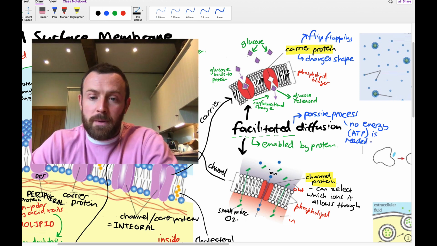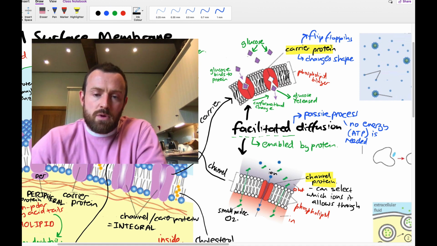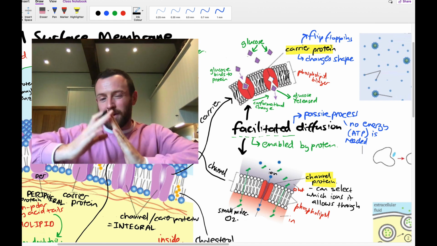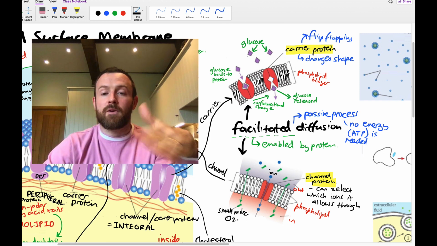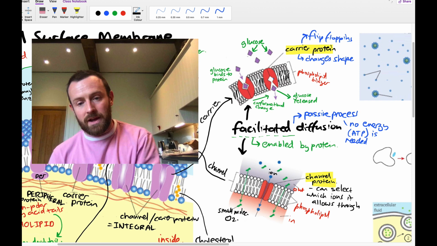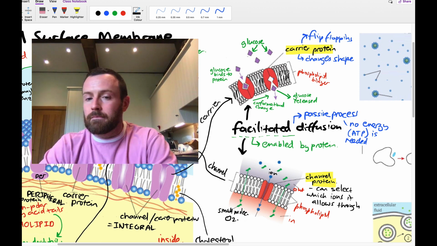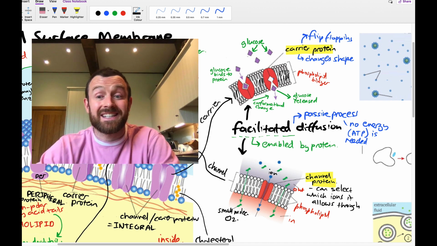So this flip-flopping, you might say, oh, so there's got to be some energy because these proteins are changing shape, they're moving. The energy really to make the proteins flip and flop, if you want to be really technical about it, the energy comes from the concentration gradient. So it comes from the molecules moving down their concentration gradient, kind of causes the flip-flopping. Okay, so there's no extra energy required for this facilitated diffusion.